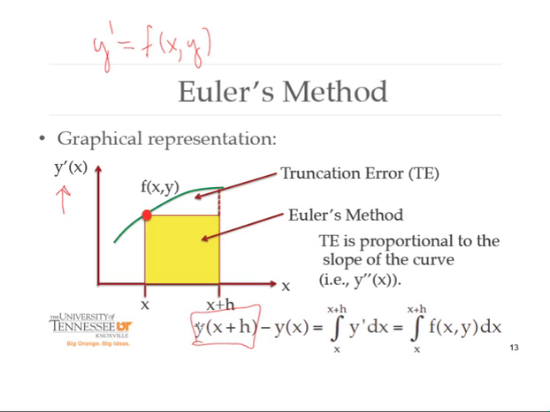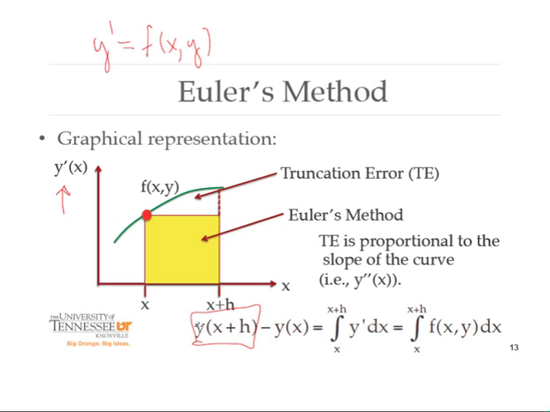So if you think about looking at the area here under the curve, one way of looking at the difference between y at x plus h versus y of x would be actually to integrate this f of x function when f of x is evaluated at x and then x moves to x plus h, because that would describe the derivative moving from x to x plus h.